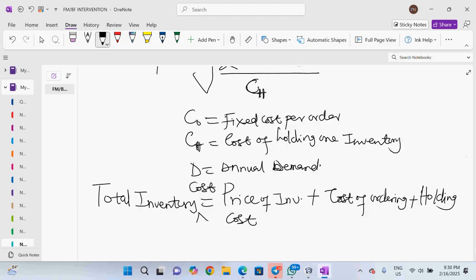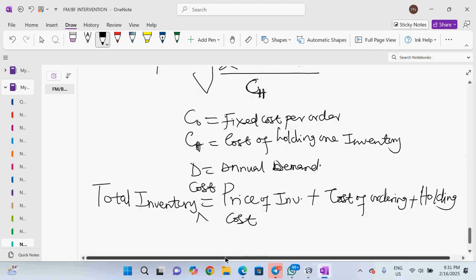So now we would have used this if there is a discount, right? If there is a discount, we would have used this to make the analysis, to know the total inventory.